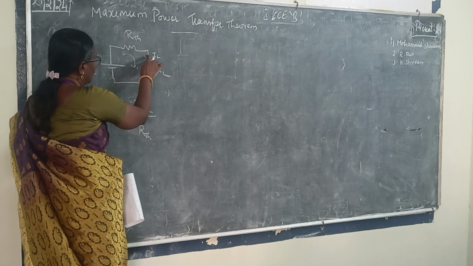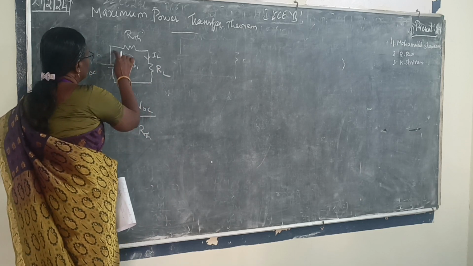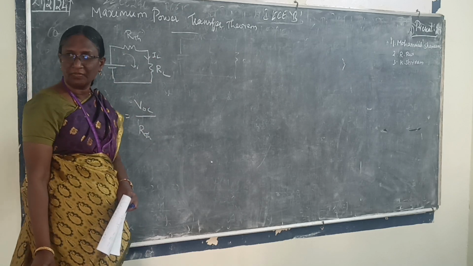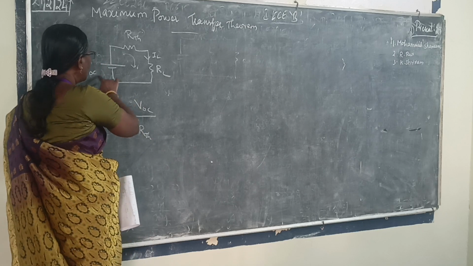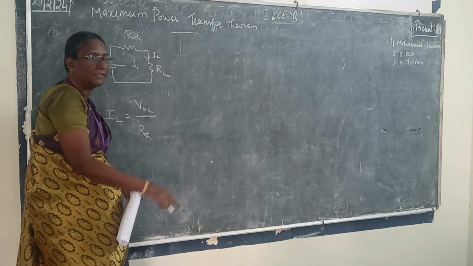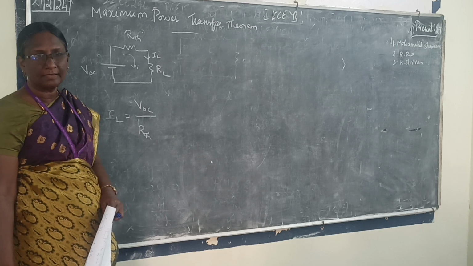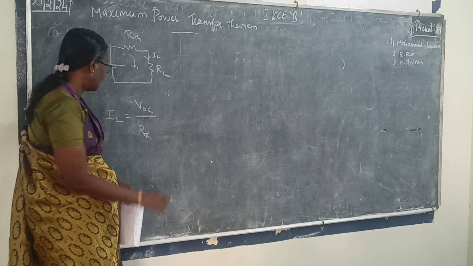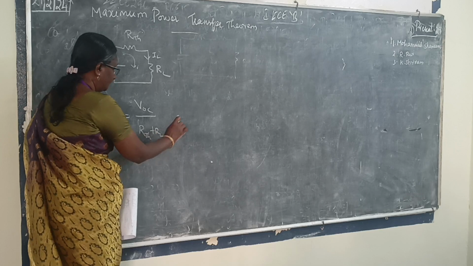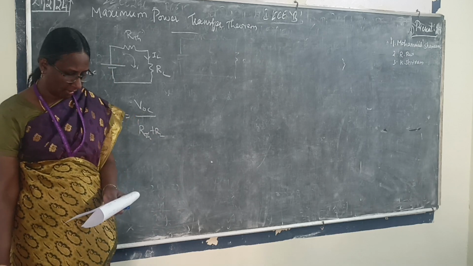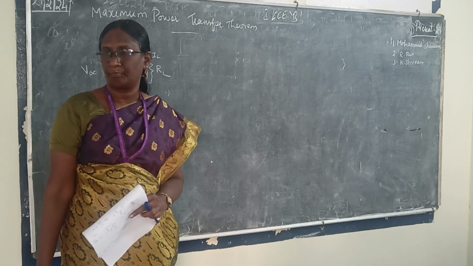The same IL current flows in this one, isn't it? Then I is equal to V by R. How many resistors are present in the circuit? 2 resistors, connected in series, RTH plus RL.